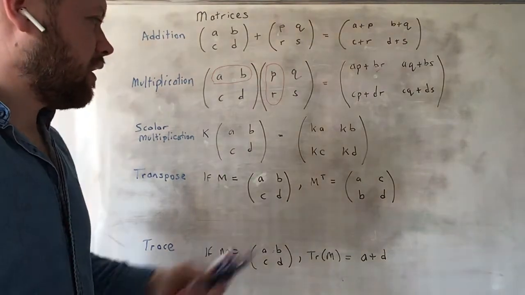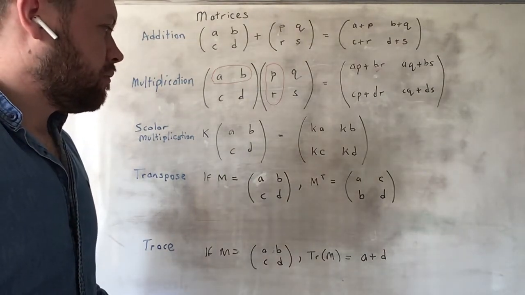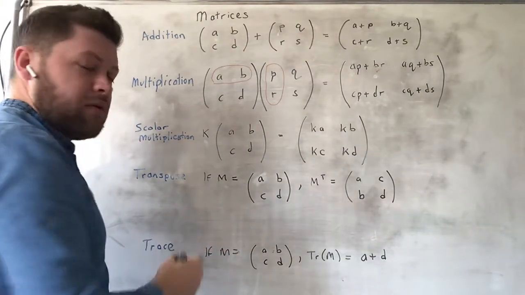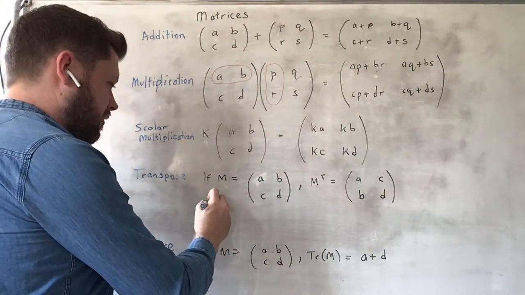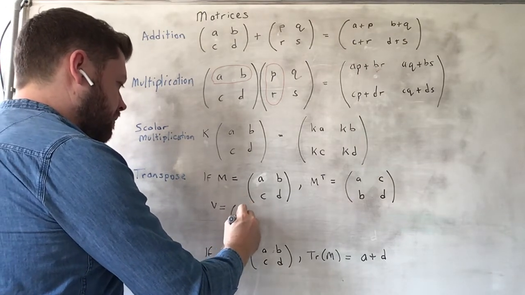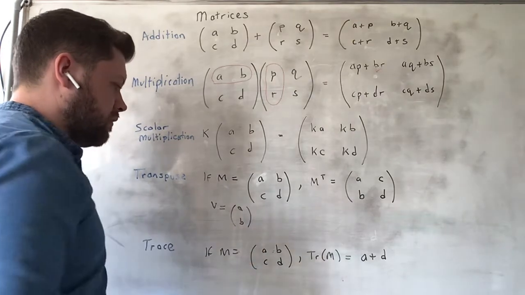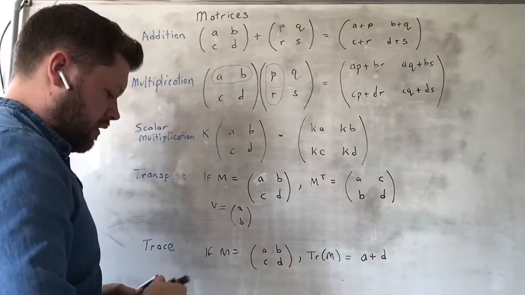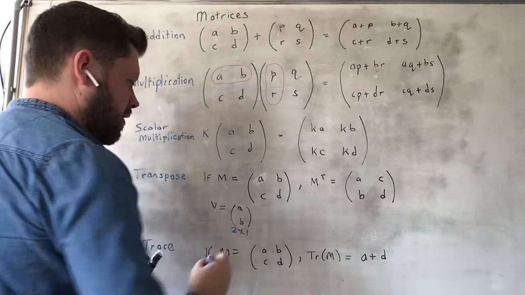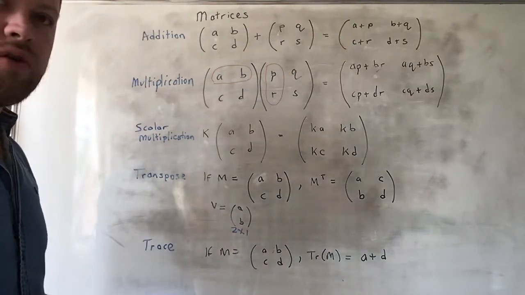This doesn't probably look like much, but you also have the idea of the transpose of a vector. So if, for example, you have a vector V equal to A, B, this here is a 2 by 1 matrix. 2 rows, 1 column.